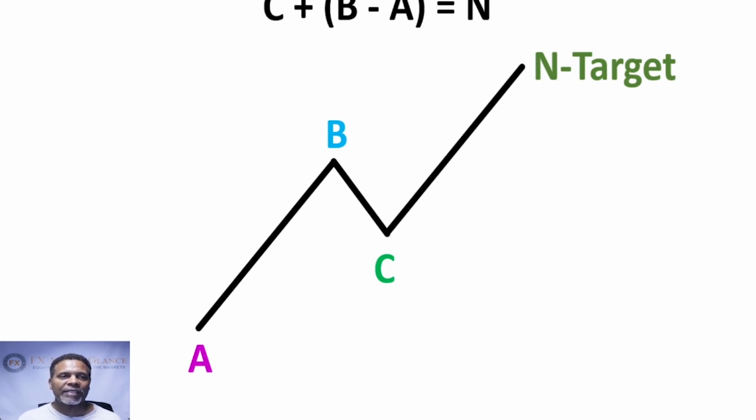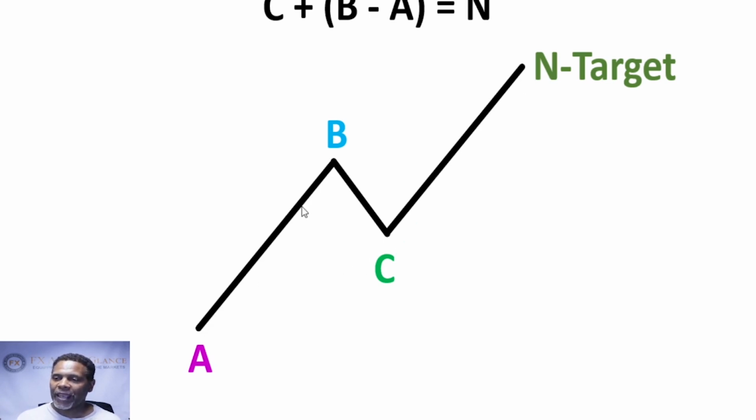Next is going to be this NT calculation. So this NT calculation, this is not NT, this is N. I'm looking ahead of myself. This is the N target. So this is the most widely used target that you're going to have because it's basically what we know as a 1-to-1 ratio, a measured move. All right. So what it means is this leg is going to be the same length.